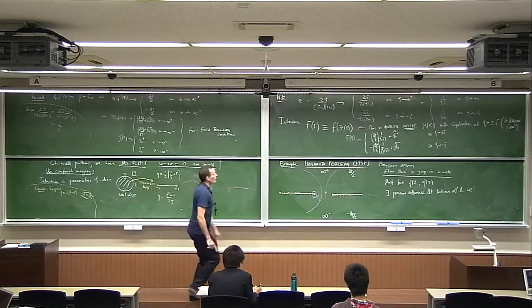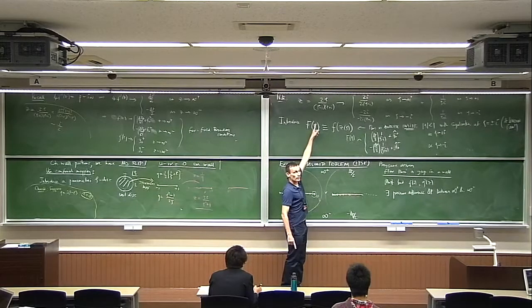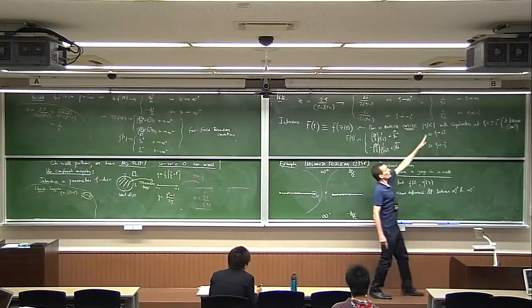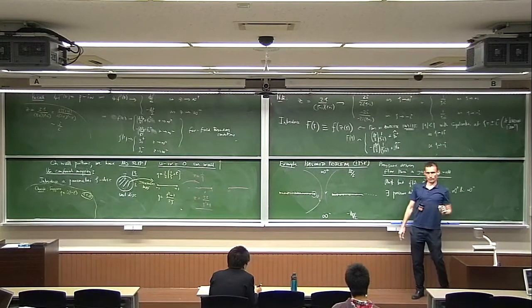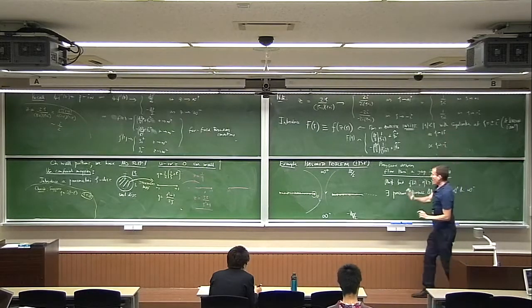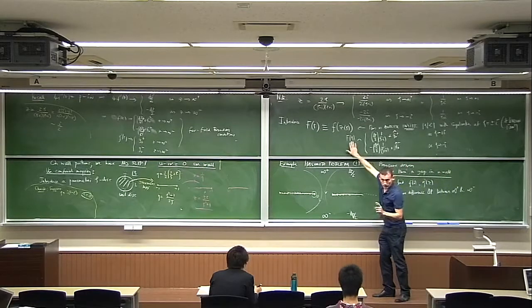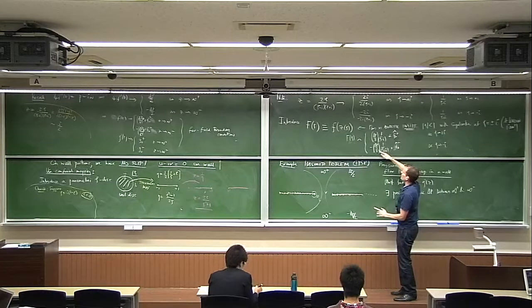Look, Z, which is that thing, looks like this as zeta goes to plus i and minus i: 1 over zeta minus i, 1 over zeta plus i. The F that I need to find is almost the same thing.